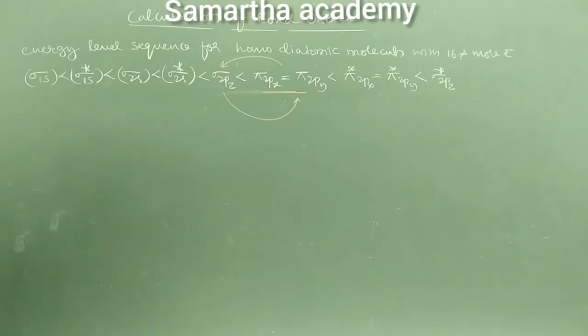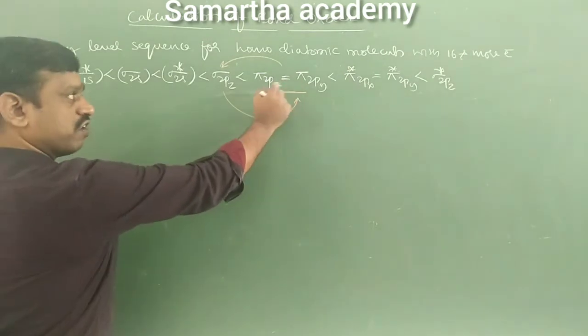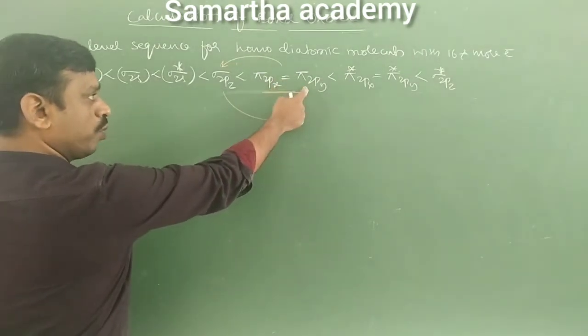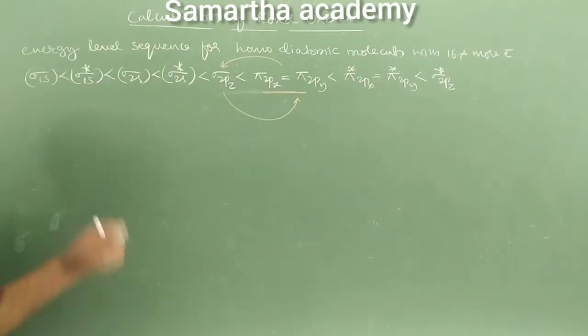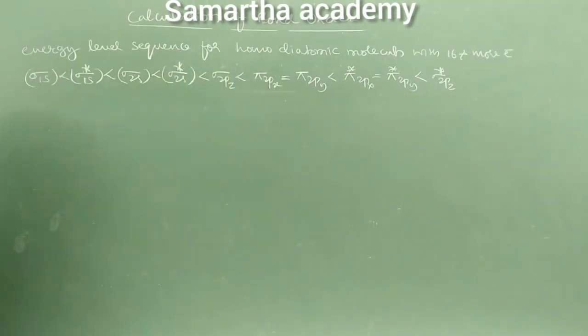The only change is that sigma 2pz comes in place of pi 2px, pi 2py, whereas pi 2px, pi 2py comes in place of sigma 2pz in the case of 16 electrons. Based on this energy sequence it is possible to calculate the bond order.